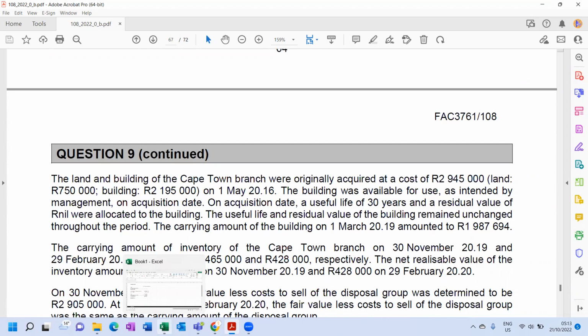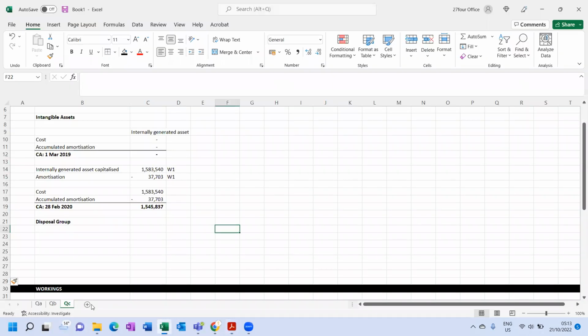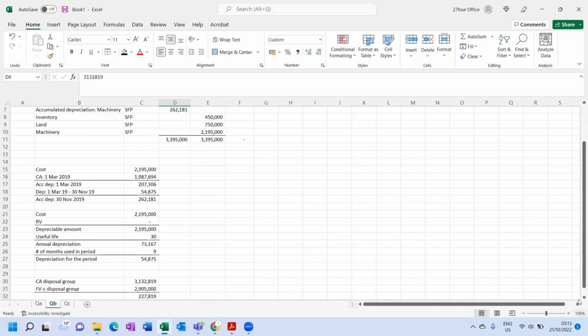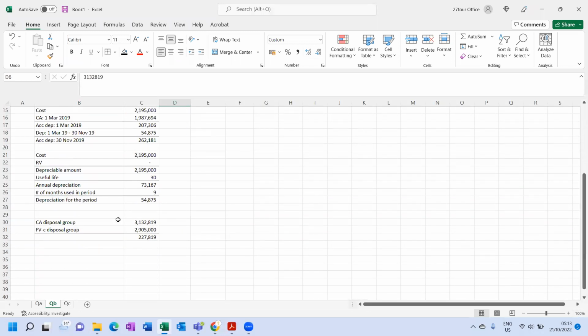So if I go back to question 2, here you can see the non-current asset is 3.1 million. Okay. So if I use this thing I had here at the bottom, I'll actually take it across. Or let me just see if it's hard coded.